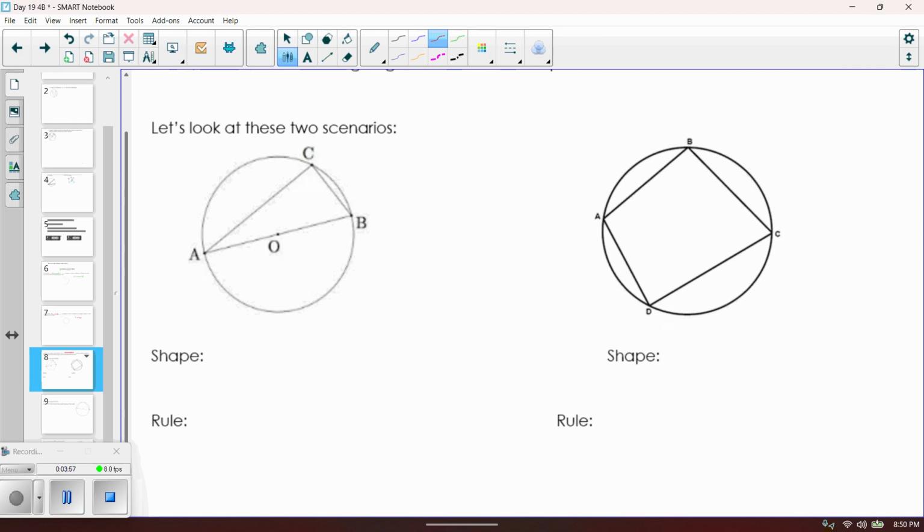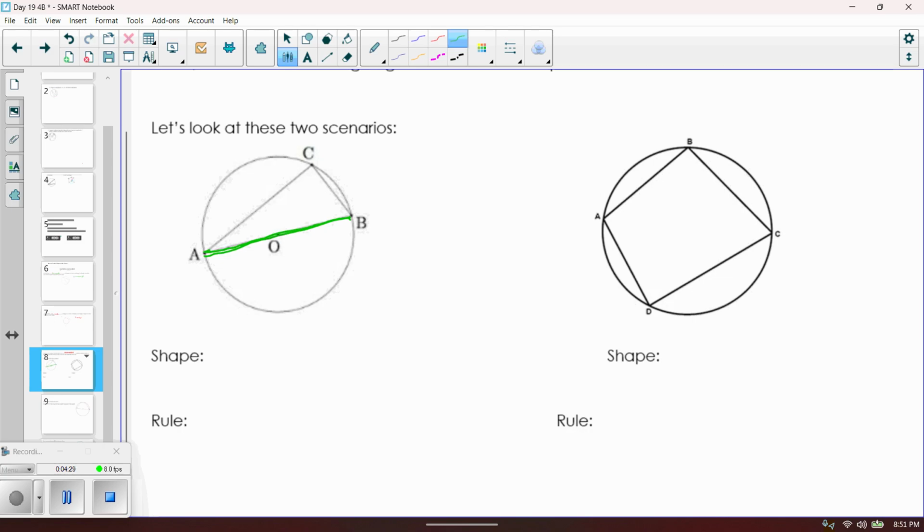So we have to remember a couple things that we've already done in the past. This first figure here with the triangle ABC in it, we've already seen stuff like this before. But now let's take a look at what's going on here. One of the things we should notice is that the line segment between A and B is the diameter of the circle. So right there, not exactly a straight line that I drew, but that's the diameter.